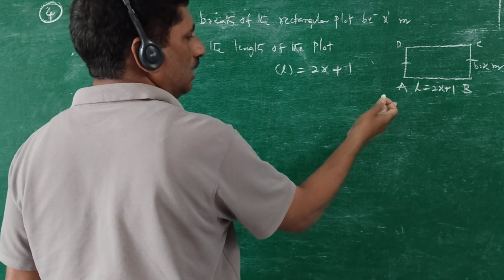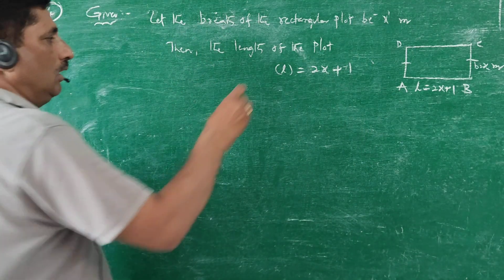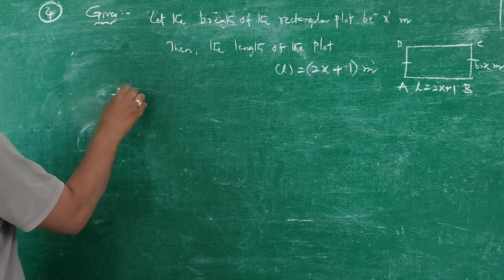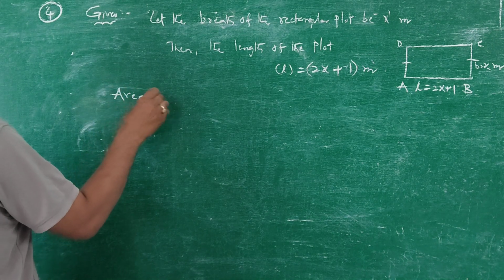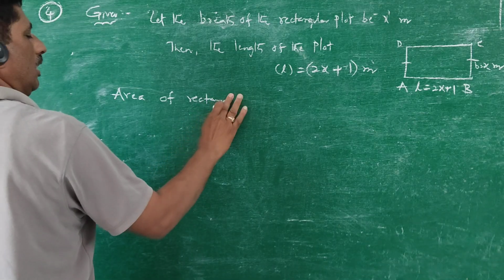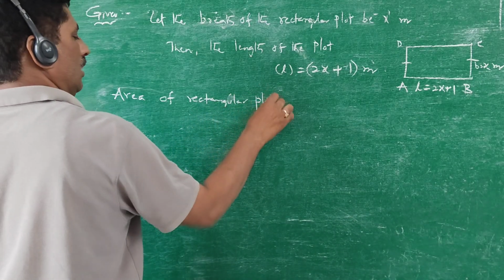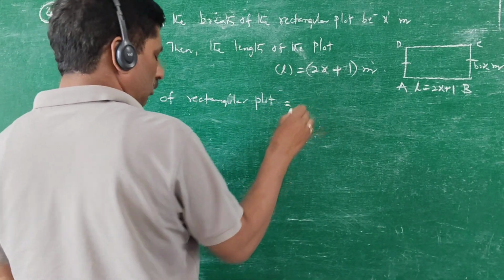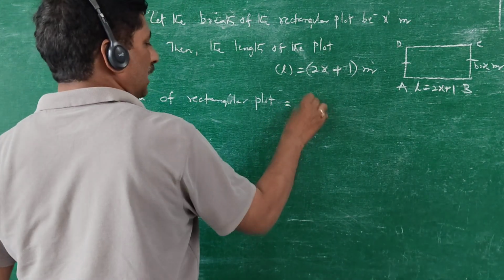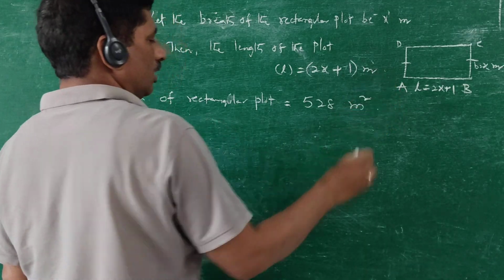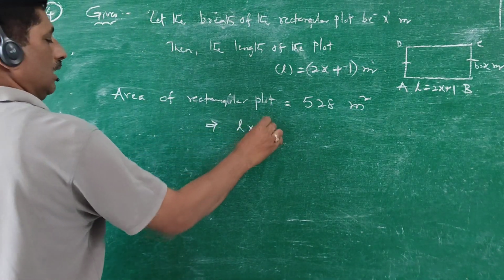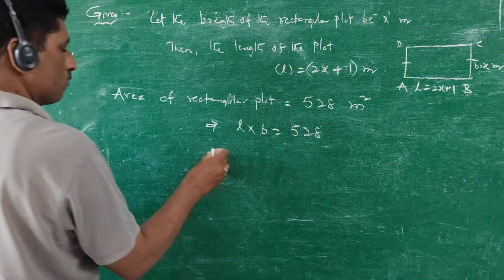So 1 more than twice its breadth is 2x plus 1 meters, and the area of the rectangular plot is equals to L into B. We know that formula. So I have to equate it to the given value, 528 meter square. L into B is equals to 528.